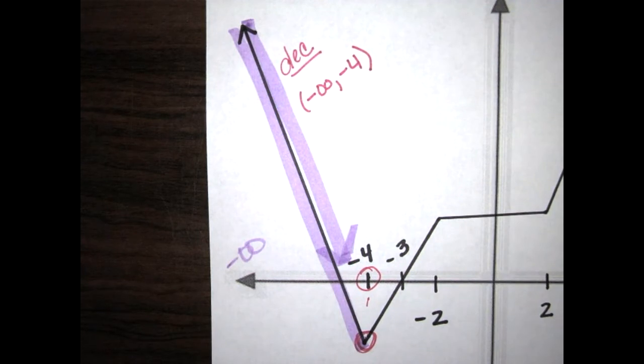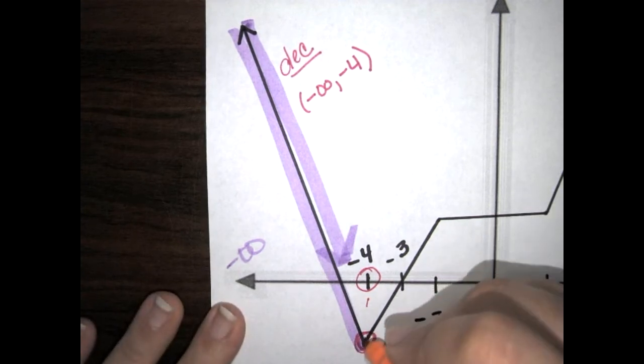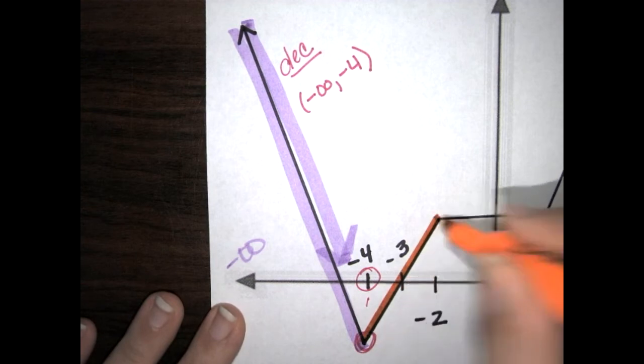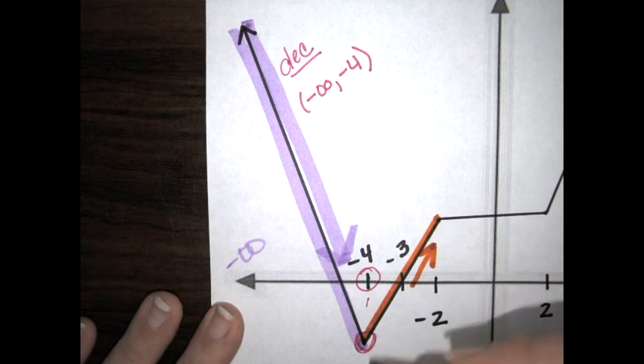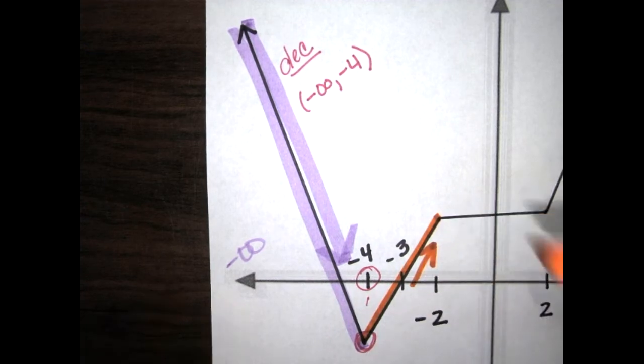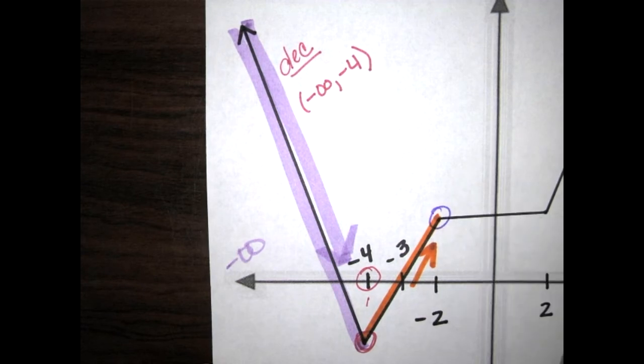Now I am going to go in a different direction. So I'm going to put my pen where I left off, and I'm going to start tracing. And notice this time I traced it in an upward direction. I pulled the pen away from myself, and then I stopped it at the next point where I changed. So I stopped it right here, and this is actually going to be my -2 point.